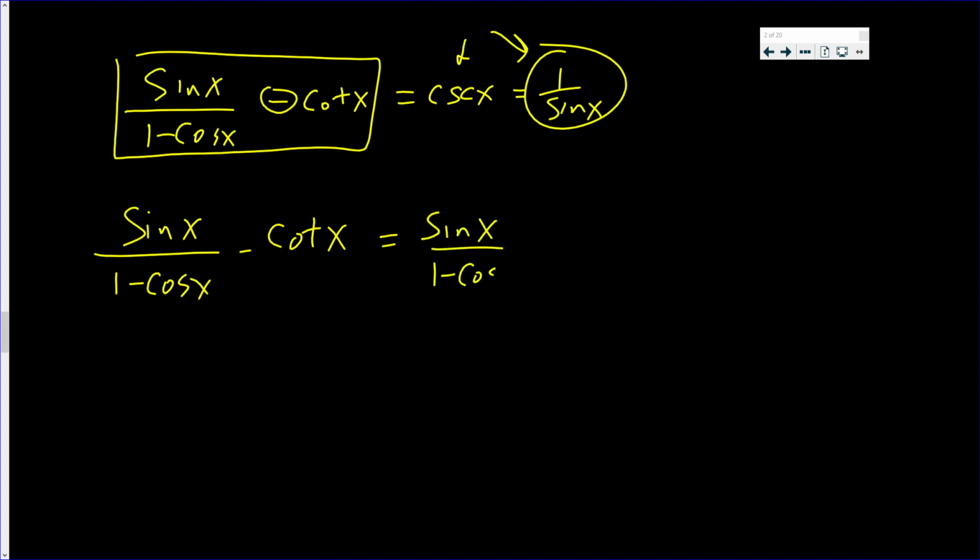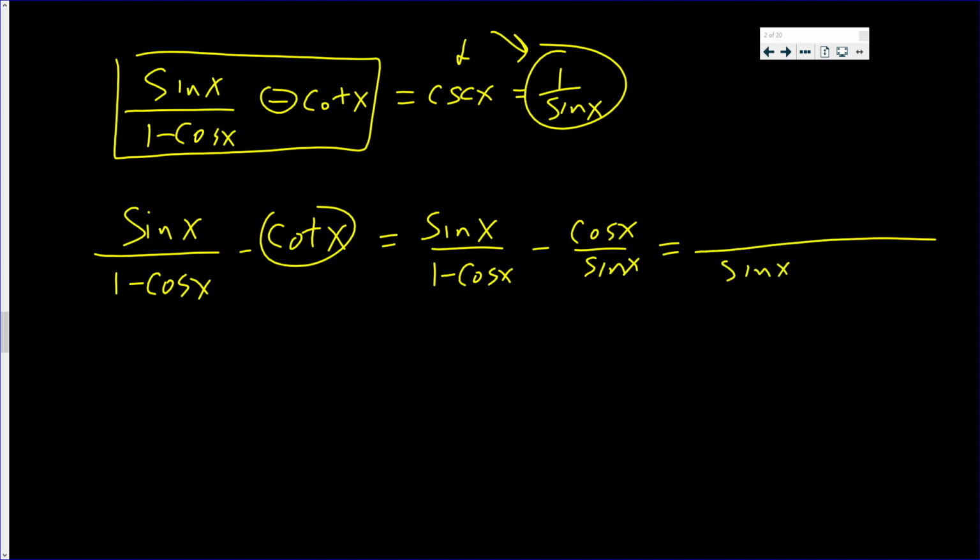I'm not going to touch the first fraction, but this is cosine x over sine x. I want to get common denominators. It's going to be sine x times 1 minus cosine x, which is good because I want sine x to be on the bottom.